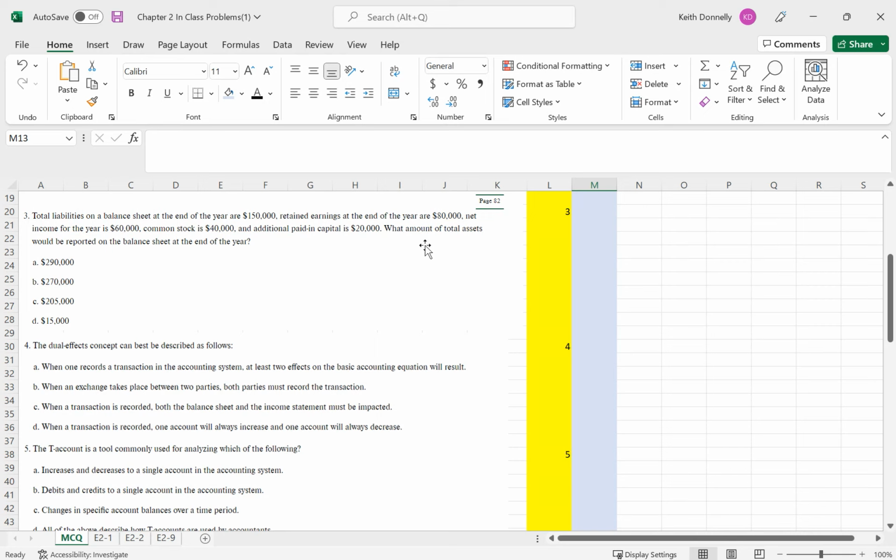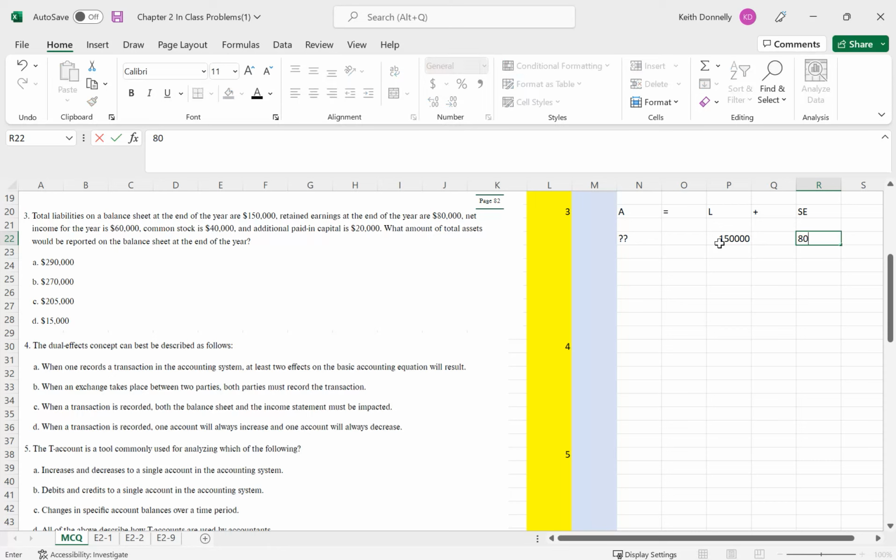3 here. This is a good one to read the last part of the sentence first, or the question first. So they want to know, what is the total amount of assets that would be on the balance sheet? Right, so we know our assets equal our liabilities plus our stockholders' equity. So they want this right here. Now, it looks like our total liabilities are $150,000 from the facts.